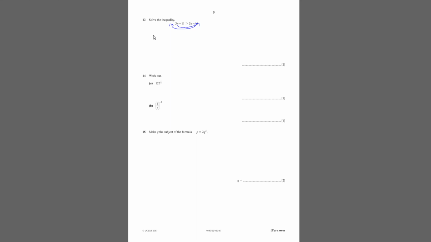So, we end up with 18 minus 11 is greater than 5n minus 3n. This then results in 7 is greater than 2n.